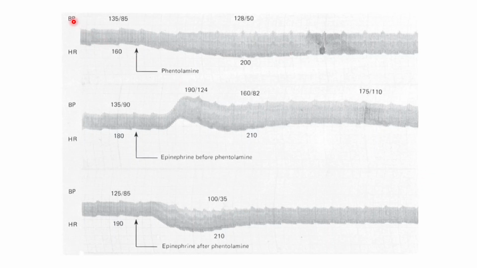So those are presented on this picture. These drugs can prevent the pressor effect of usual doses of alpha agonists. In the case of an agonist with both alpha and beta-2 effects, for example epinephrine, selective alpha receptor antagonists may convert a pressor to a depressor response.